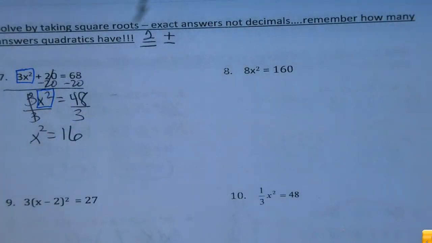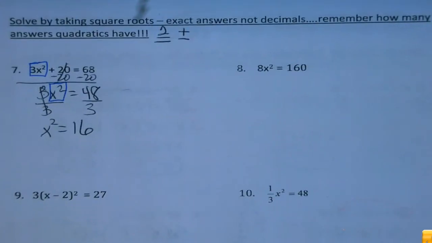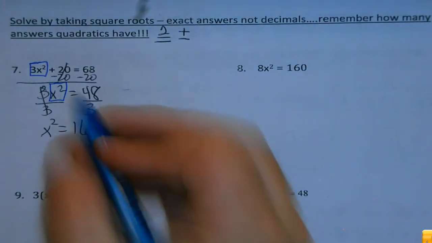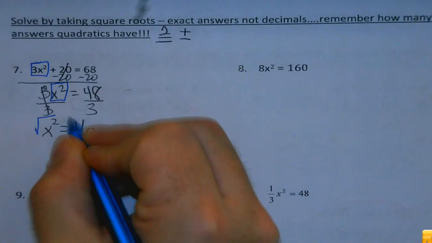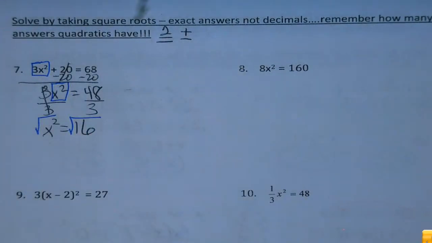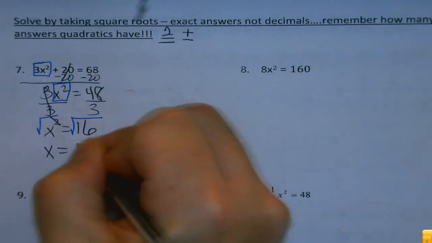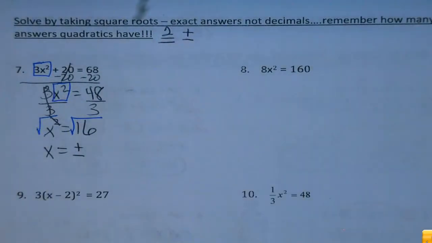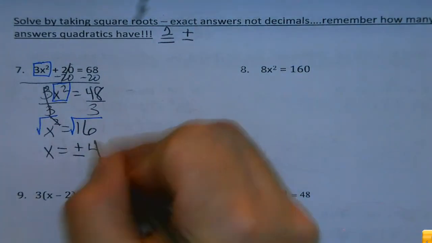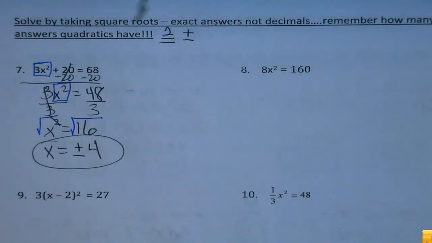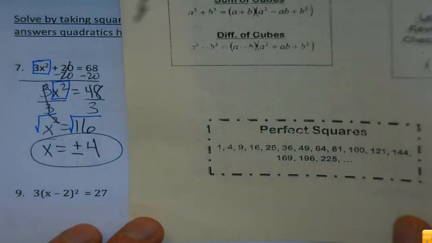And once that squared is isolated, we're ready to do our inverse, our square root. This is the point, once I get to doing that square root, where plus minus comes out. And the square root of 16 is 4. There's my 2 answers. And we've talked before also about how the help sheet can help you on this too.